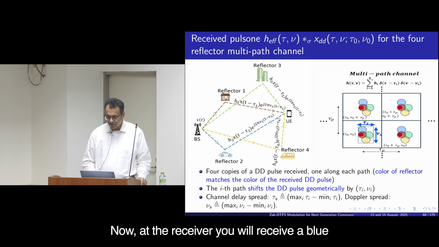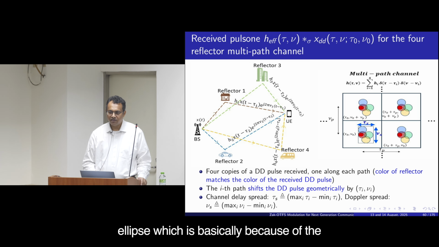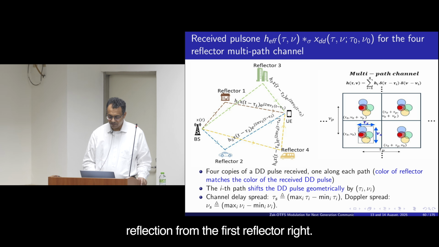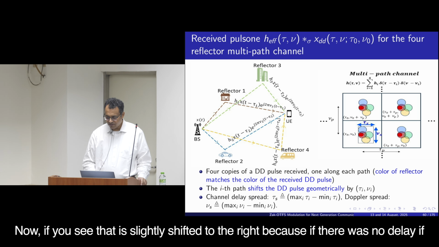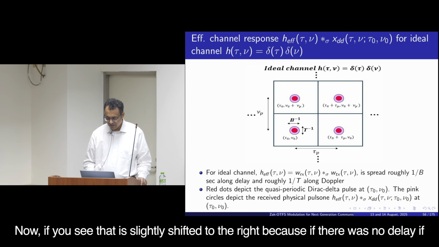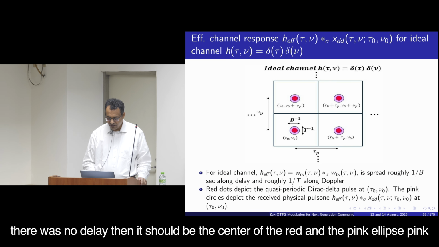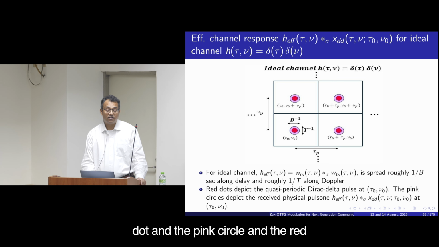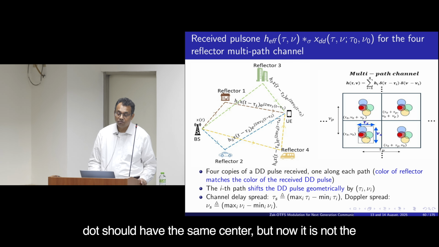Now at the receiver, you will receive a blue ellipse, which is because of the reflection from the first reflector, right? Now if you see, that is slightly shifted to the right, because if there was no delay, the pink circle and the red dot should have the same center. But now it's not the case.